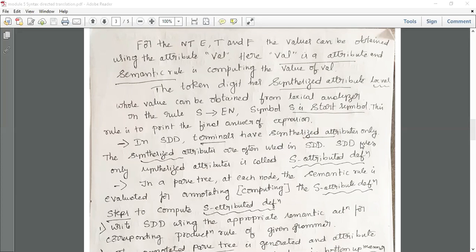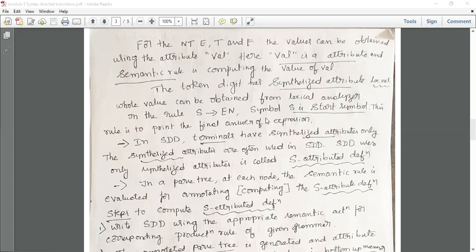An SDD that uses only synthesized attributes is called an S attributed definition. What is an S attributed definition? Many times they ask this.